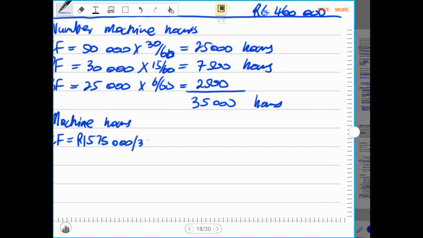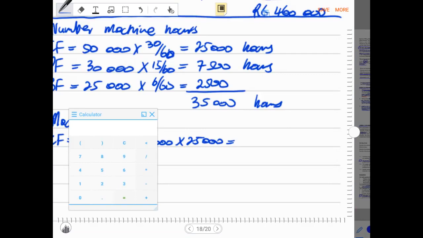Divide this by 35,000 hours times this by 25,000 hours. 25,000 divided by 35,000 times 1,575,000.